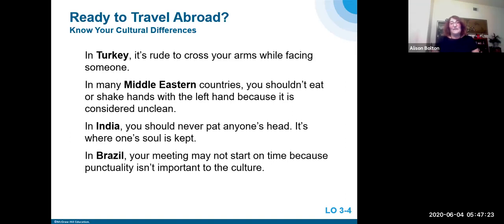Same thing with Mexico. They sleep a lot, take a lot of breaks, and they take their time. So this is something to be very aware of. There are other countries who have a different time clock than the US does.